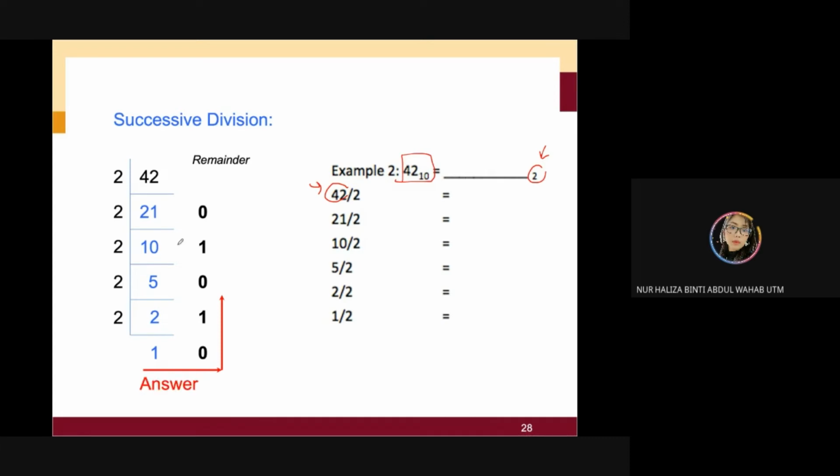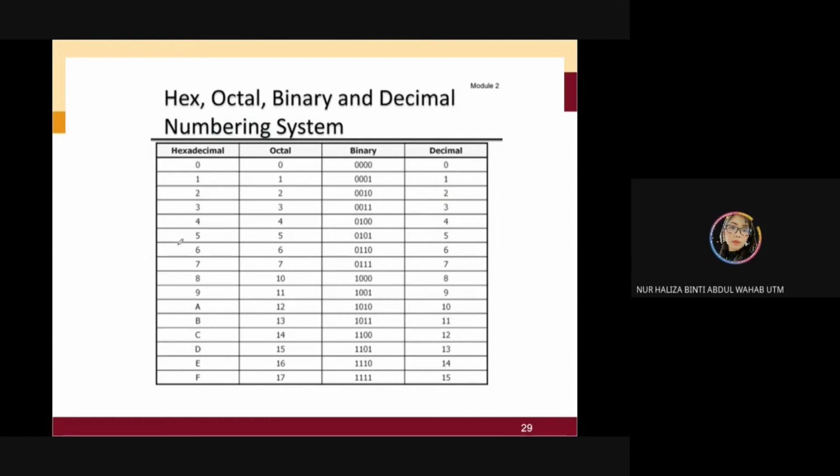Okay, now let's take a look at this one, a table of conversions. You can see the representations in hexadecimal, octal, binary, and decimal: what is the value in decimal and what is the representation in hexadecimal, octal, and binary.